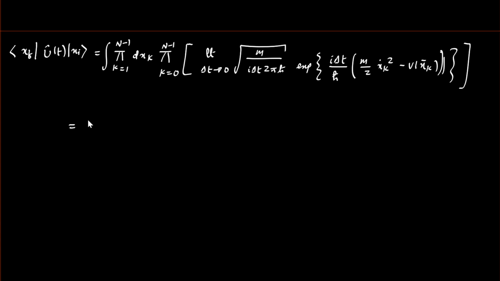Okay, so I can write it like this: limit delta t tends to 0, m divided by i delta t 2 pi h cross, power n by 2.